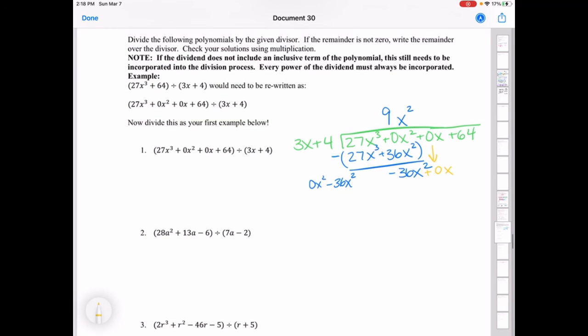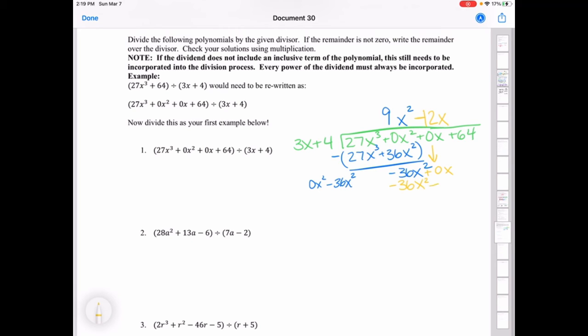So I need a negative number because 3x is positive. And I know I need something with x because x times x will give me that x squared. So I need something that's going to equal 36. 3 times 12 is 36. So I'm going to say minus 12x. If I multiply negative 12x times 3x, I get negative 36x squared.